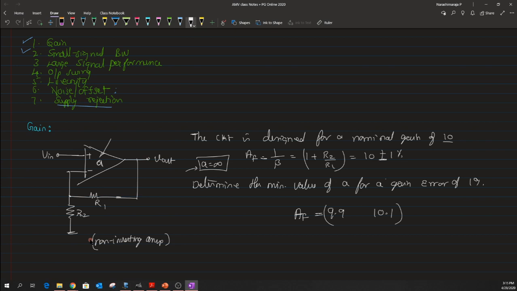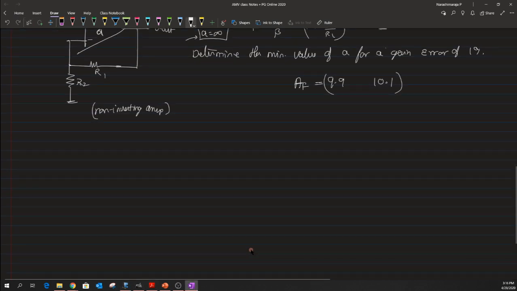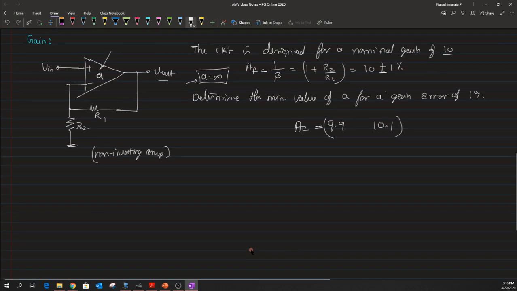Now in order to solve this, let me first express the value of this V out expression. Let me write it at the input side.